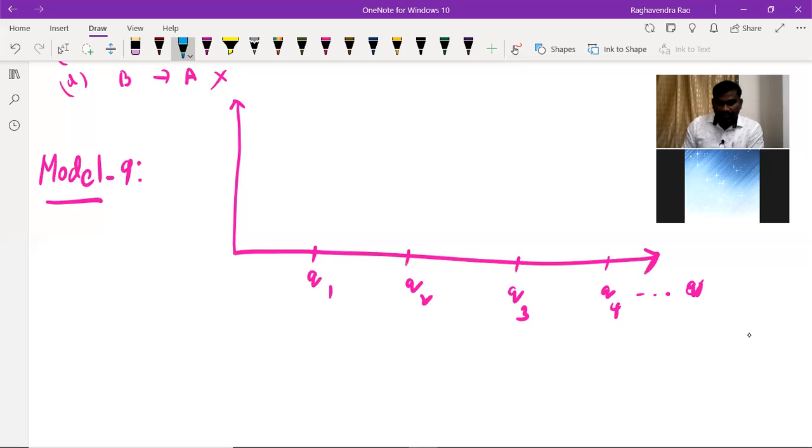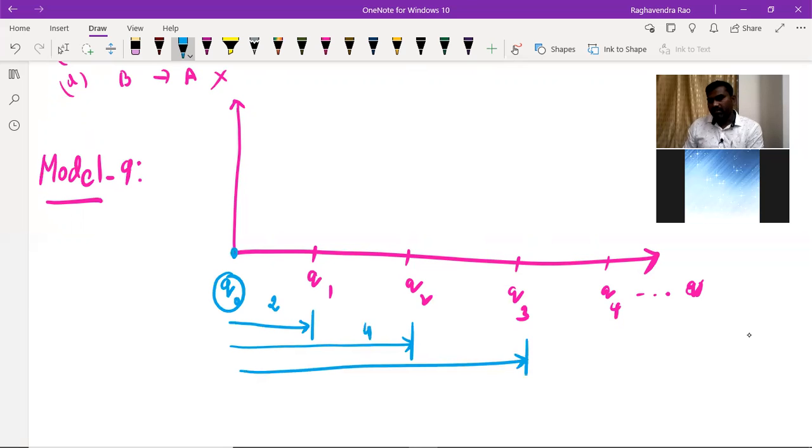Now, what is the net force on the charge placed at the origin? This is 2 meters from here to here, 4 meters from here to here, 8 meters, like that they will give distances.